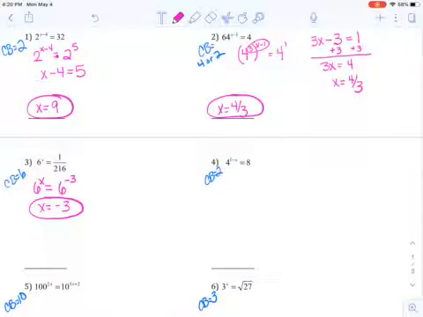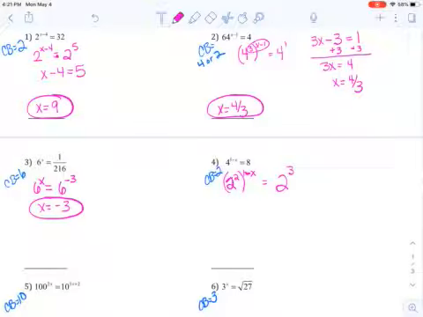Okay, number 4, I said the common base is not 4. It's going to be a 2. The reason it's not going to be a 4 is if you try and do 4 to powers, 4 to the first is 4, 4 to the second is 16, you've missed the 8. Okay, so 4 is going to be 2 squared to the 1 minus x power, and 8 is 2 cubed.